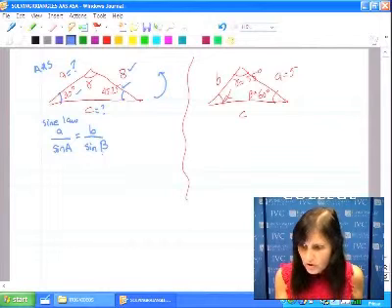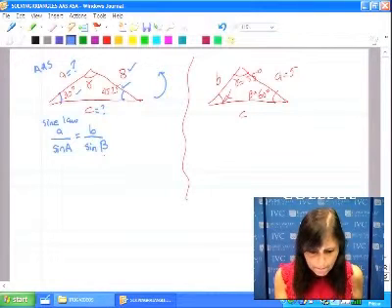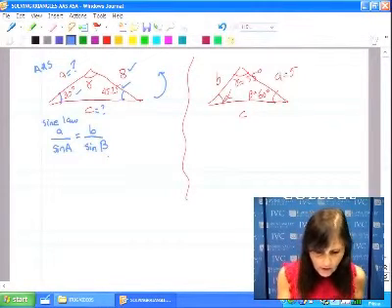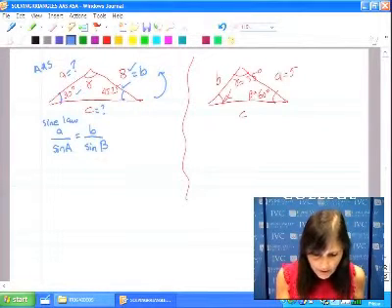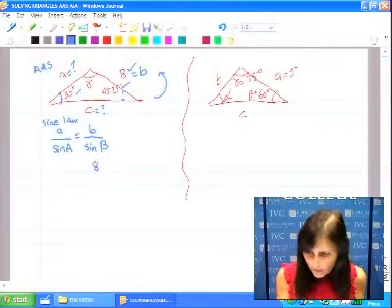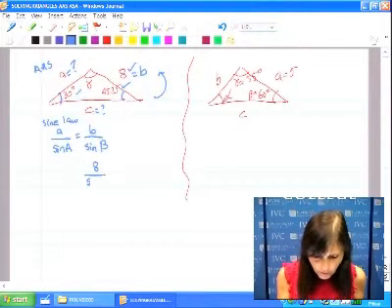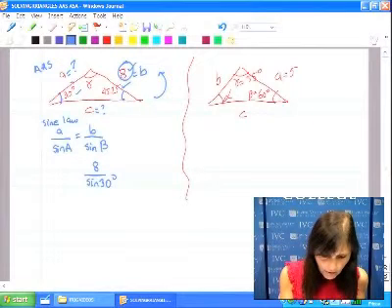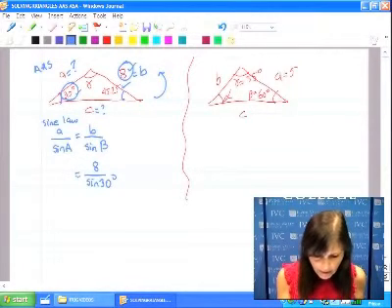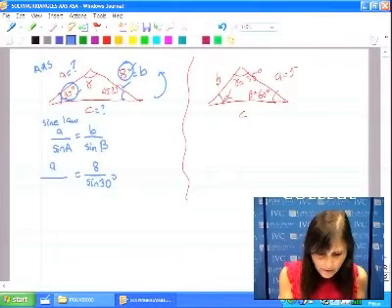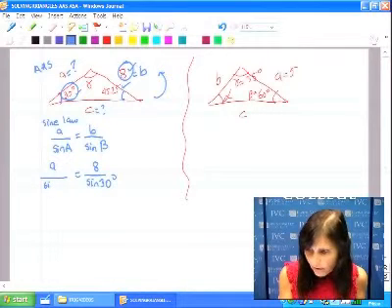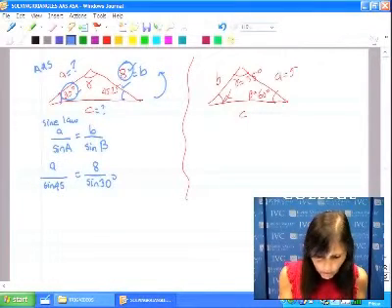Let's start with the B side, since I do know this one. So B is 8 over sine of 30, and that is going to equal A over sine of the angle opposite to A, which is 45.25.